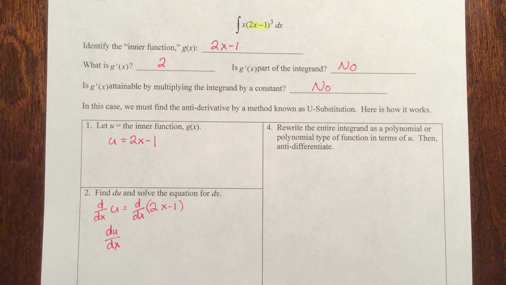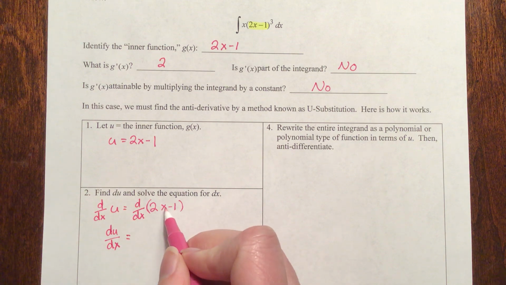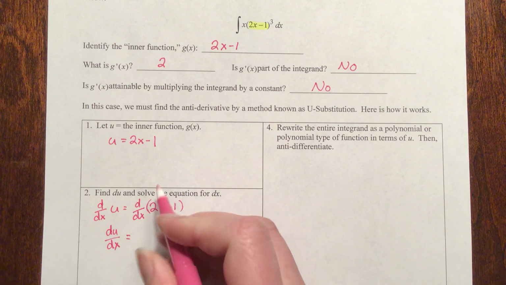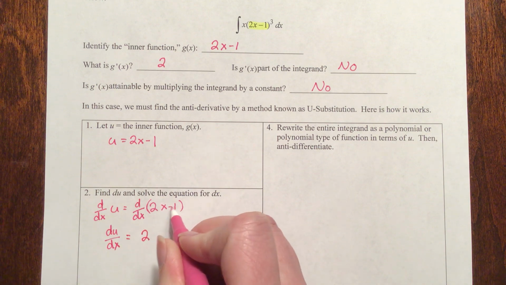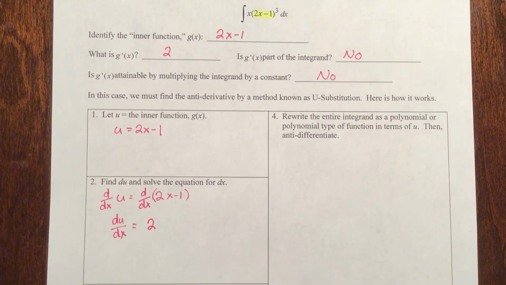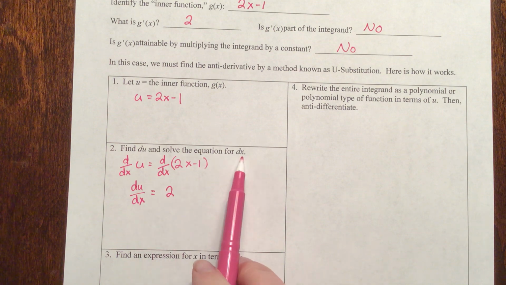Just like when we did related rates and we had dr dt, right? Same kind of deal. The right side, though, since this is the letter x and this is the letter x, we can actually take that derivative. The derivative of 2x is 2. The derivative of negative 1 is 0, so it goes away. We are now going to solve to get dx by itself.